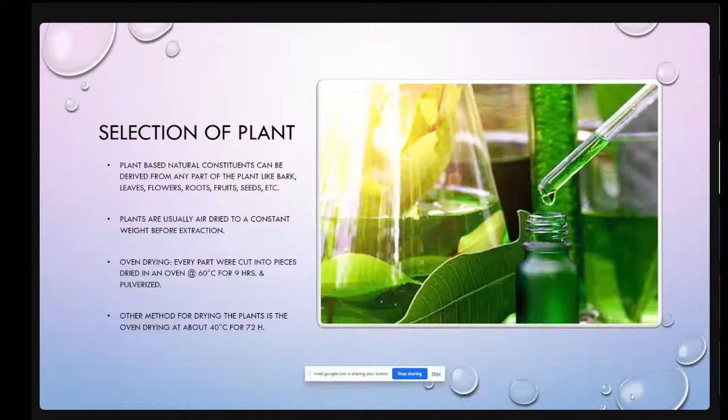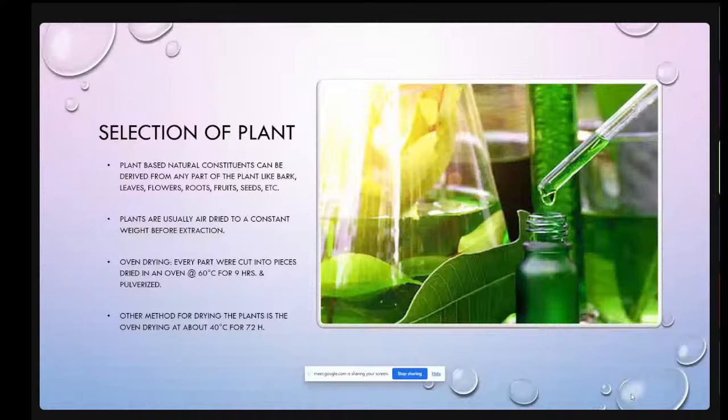How to select the plant for the extraction? The plant-based natural constituents can be derived from any part of the plant, like bark, leaves, flowers, roots, fruit, seeds, etc. Plants are usually air-dried to constant weight before extraction.